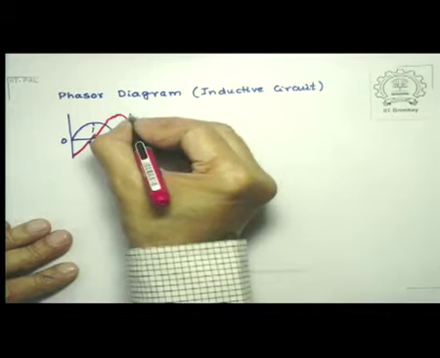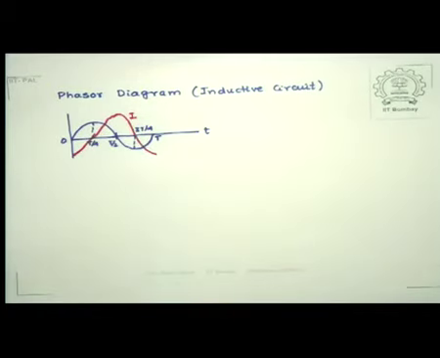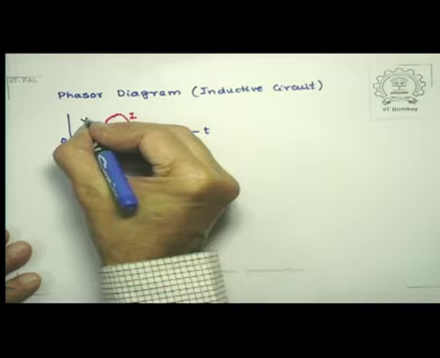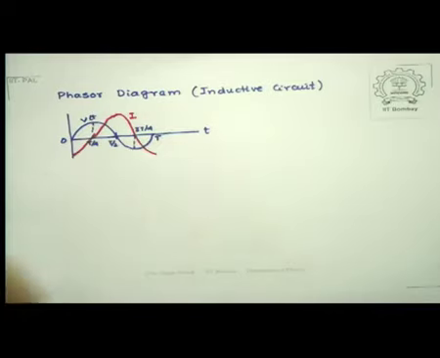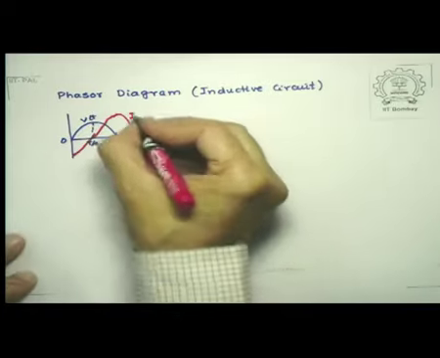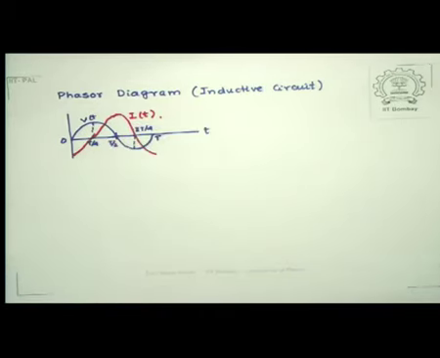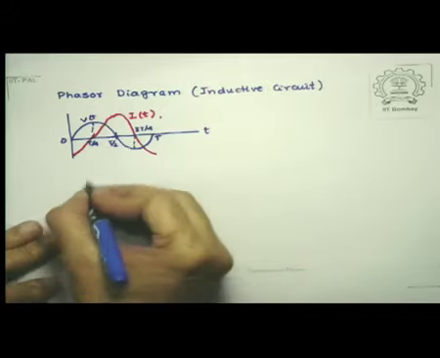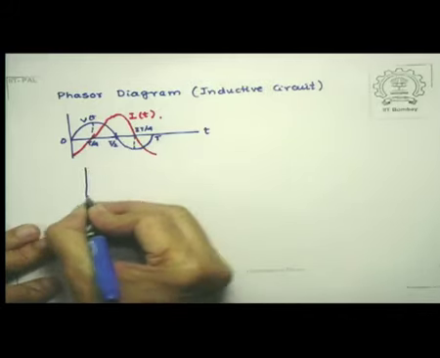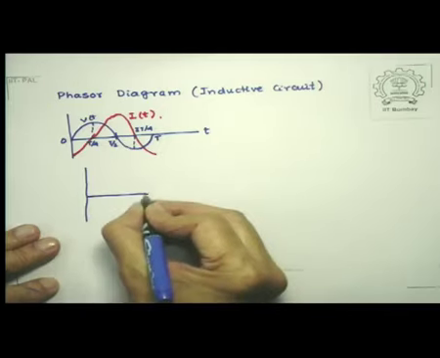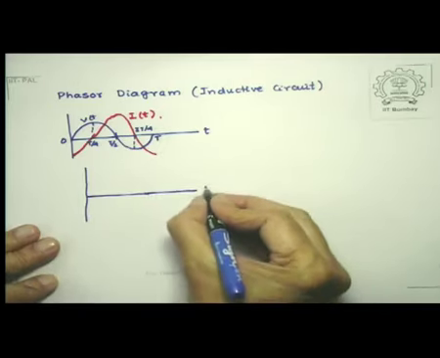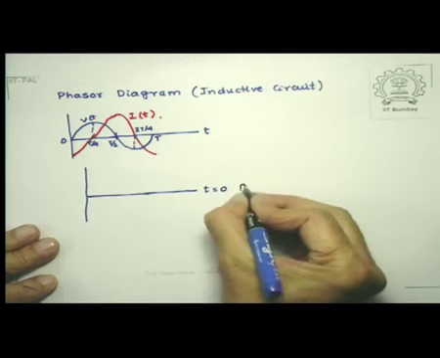So this is current and this is voltage. If you look at this diagram, find out what the phasor diagram looks like for this. As before, I take the initial line at t equal to 0 as the reference line.